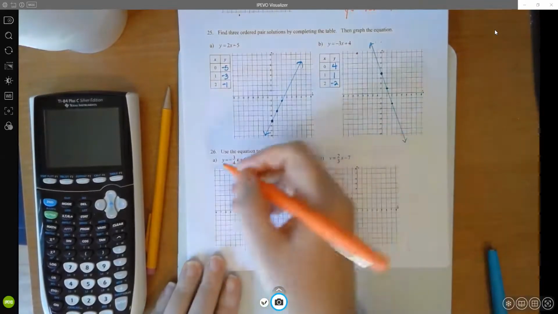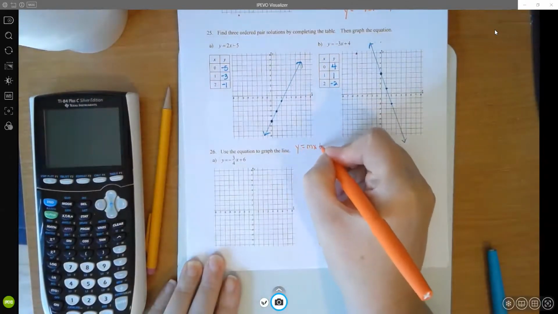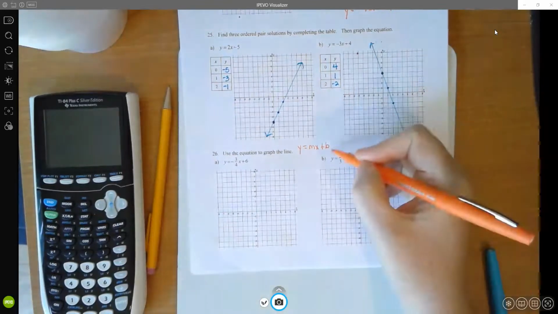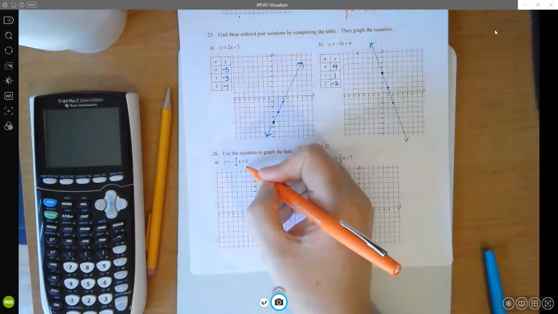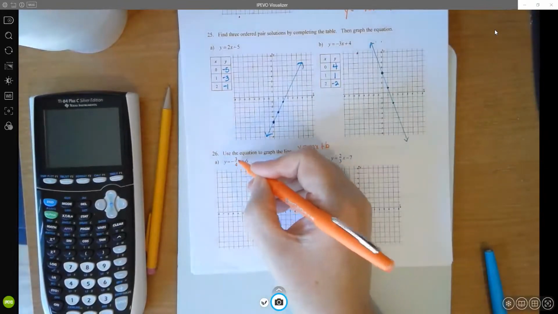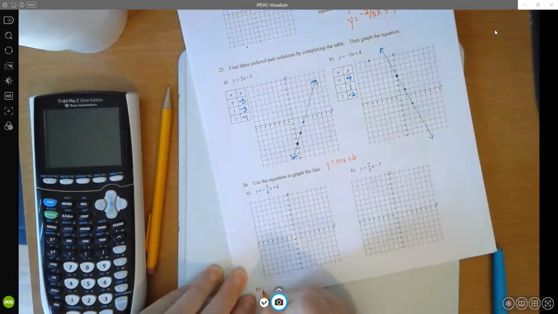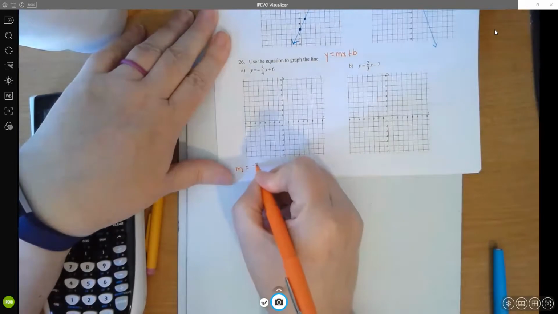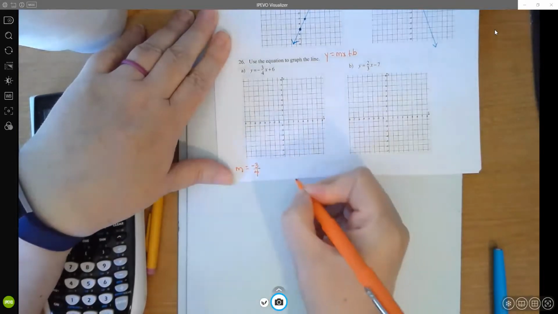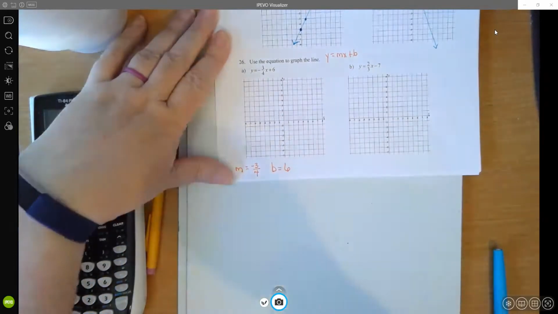Remember that these both are in the form of y equals mx plus b, where b is the y-intercept. So that tells me this one right here, y equals mx plus b, by looking, I know its slope is -3/4, and its y-intercept is a +6.